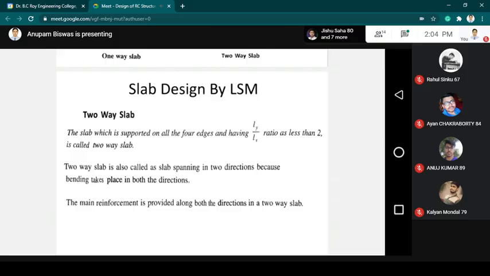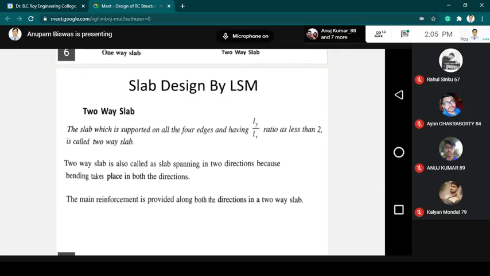The ratio of Ly by Lx should be less than 2, and if you see the difference in the support condition for a two-way slab, we have 4 edges supported, and the ratio is also quite near to a square type.